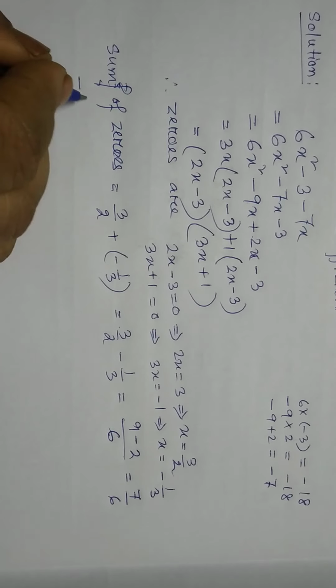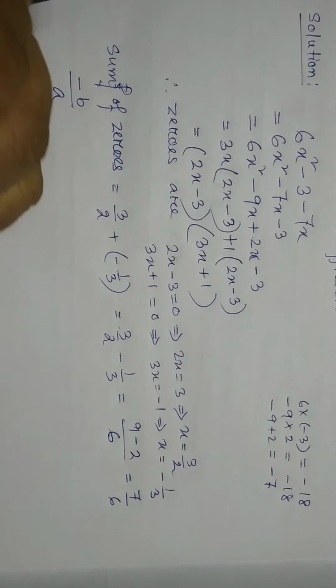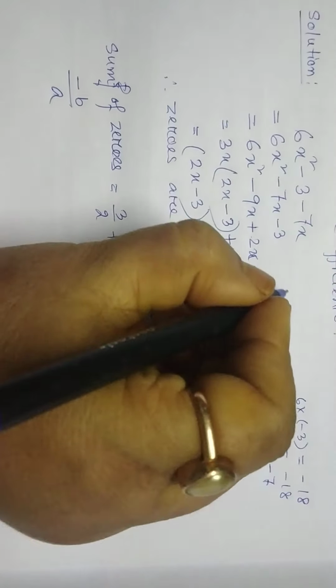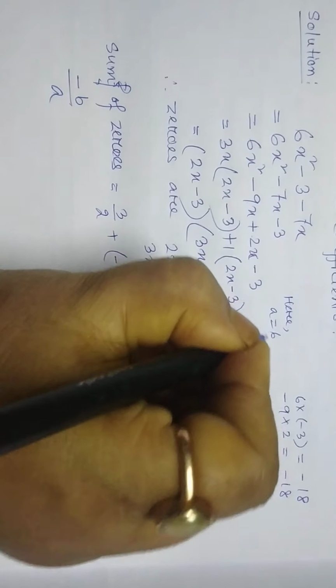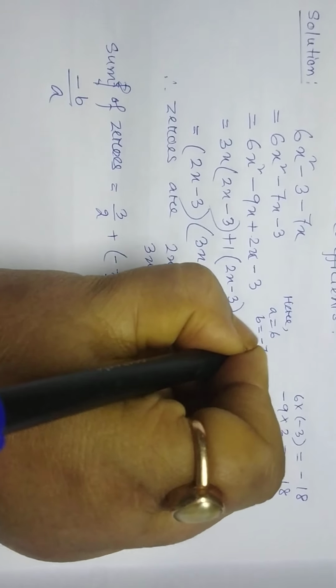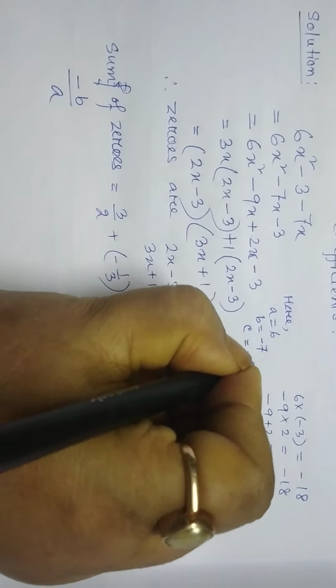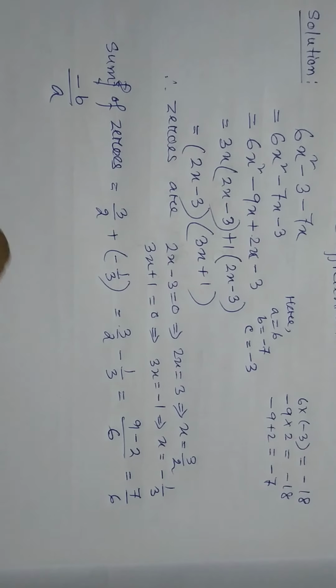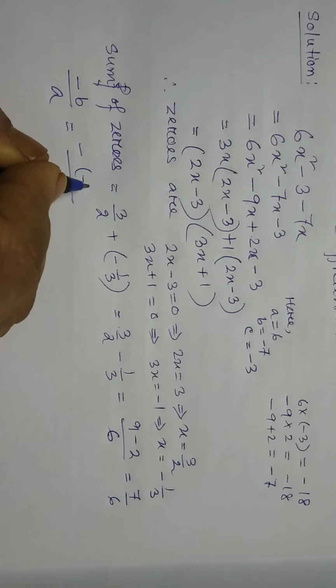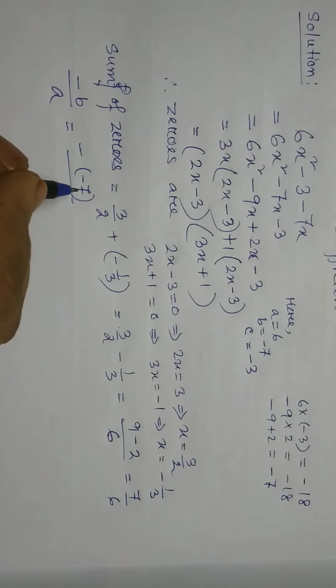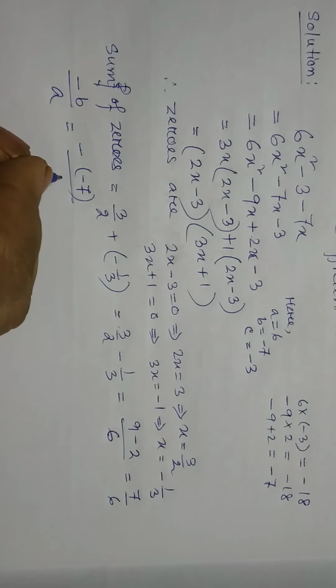Now if we take minus b by a, in this expression here a is equal to 6, b is equal to minus 7 and c is equal to minus 3. Therefore minus b means already minus 7, here minus b by a means 7 by 6.